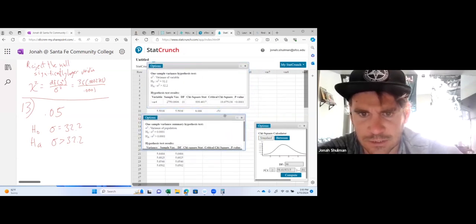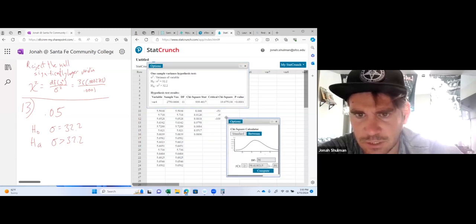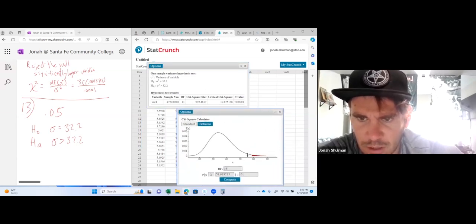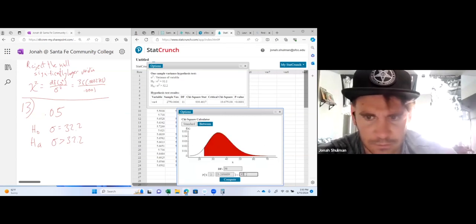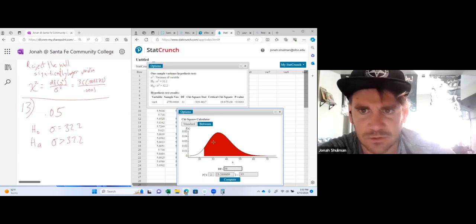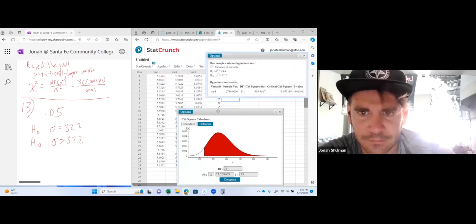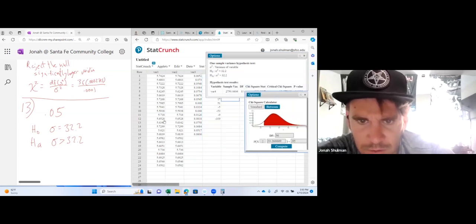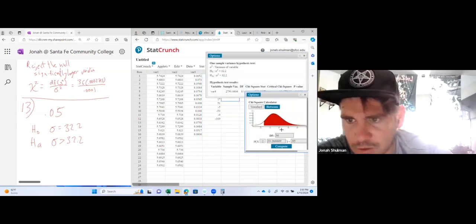We can double check to make sure that this works by doing what? Let's at least check the critical value. This is 0.05, so this should be a 95 right here. And we also need to change our degrees of freedom. Oops, sorry.